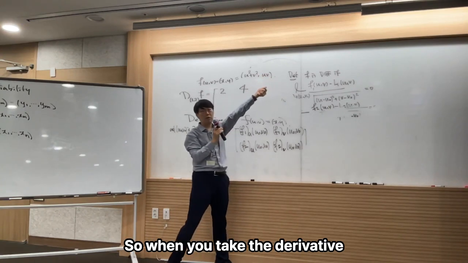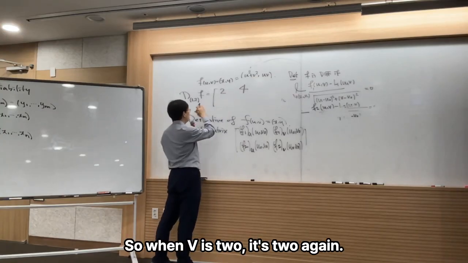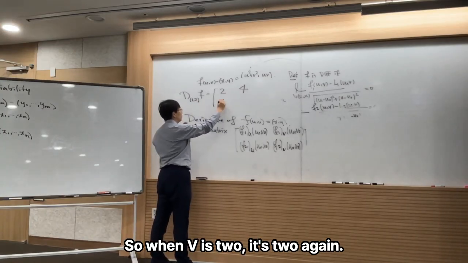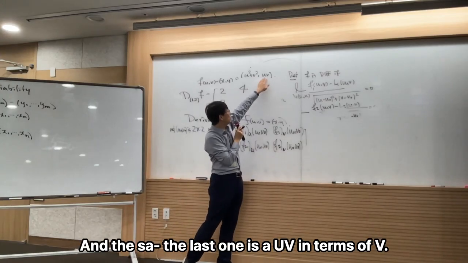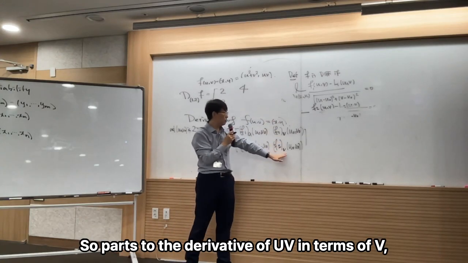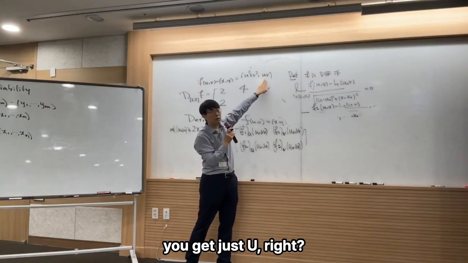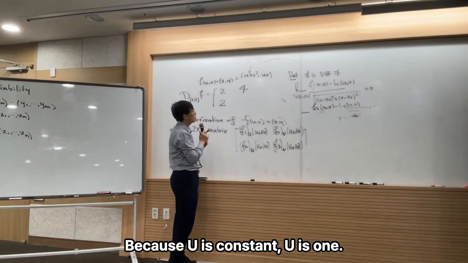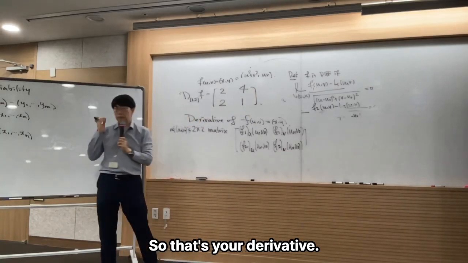So the derivative is v, the coefficient of u. When v is 2, it's 2 again. And the last one, the partial derivative of uv in terms of v, you get just u, right? Because u is constant. u is 1. So that's your derivative.